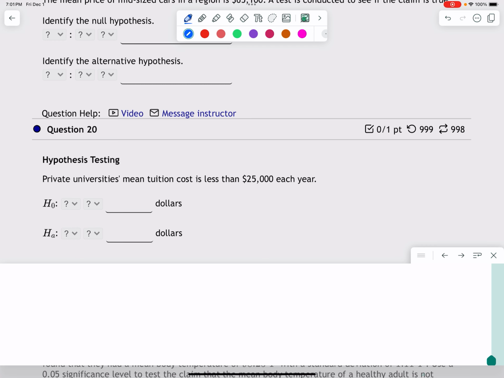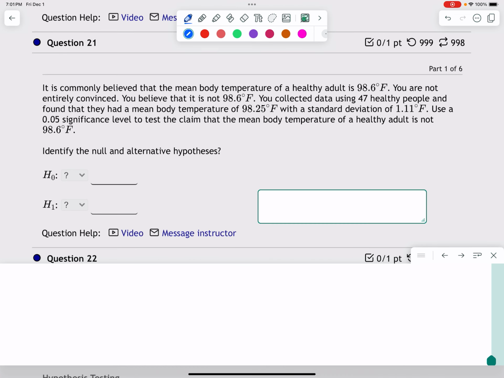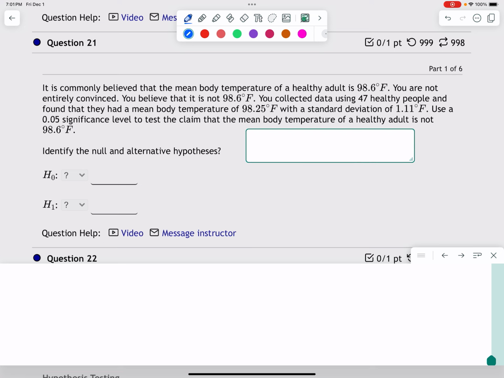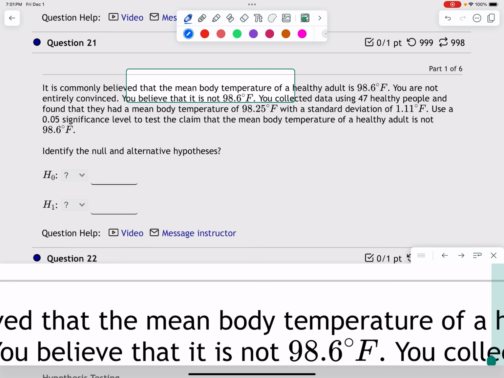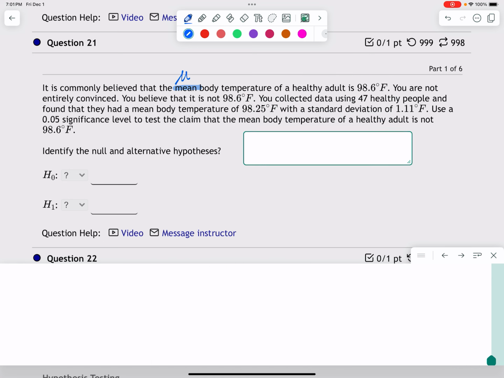21 says it's part 1 of 6, so I can only assume that we've got to do the whole thing here. So we need to come up with our original claim and its opposite. It says it's commonly believed that the mean body temperature, tells me we're dealing with mu, of a healthy adult is 98.6.